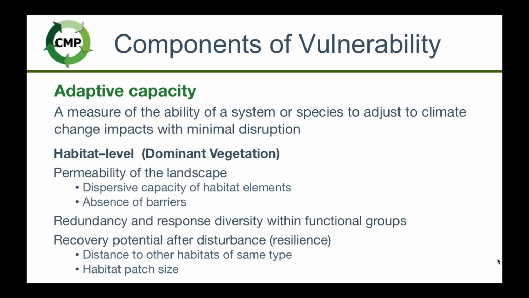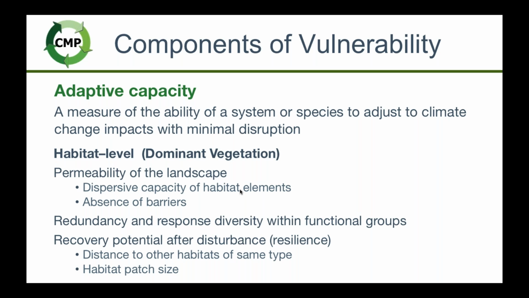So adaptive capacity is a measure of the ability of a system or species to adjust to climate change impacts with minimal disruption. And many of the factors that have to do with viability contribute to adaptive capacity. So, is there dispersive capacity of the habitat?